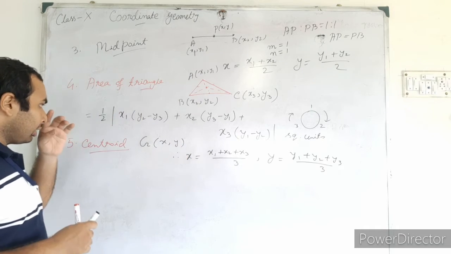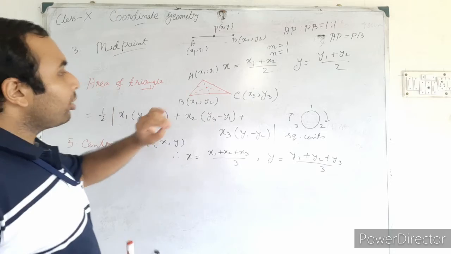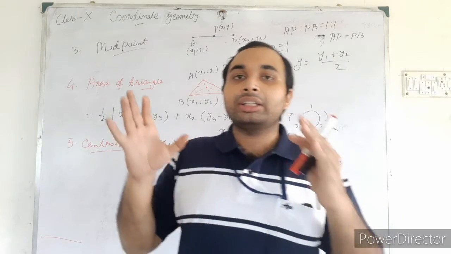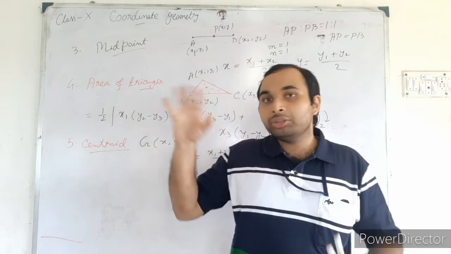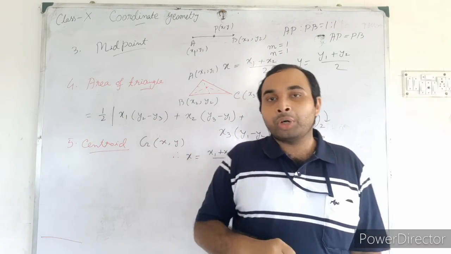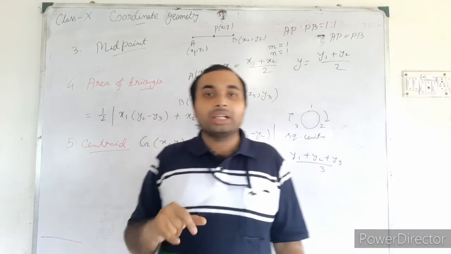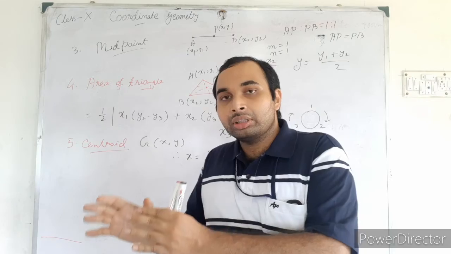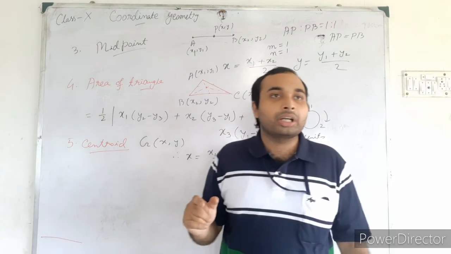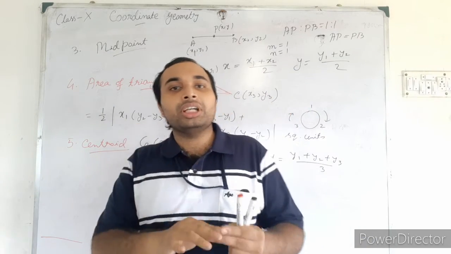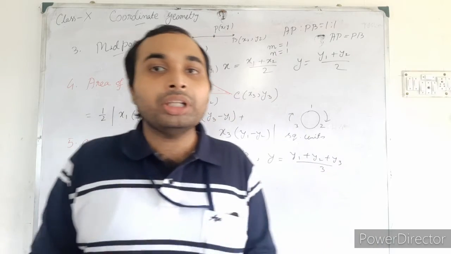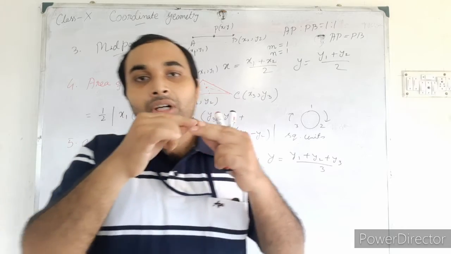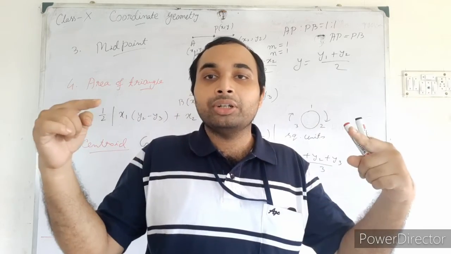Another thing is the area of the triangle. Now sometimes a question comes like this: you will be given 3 coordinate points, and you will be asked to prove that those 3 are collinear points. Collinear points means the points which lie on one line only.